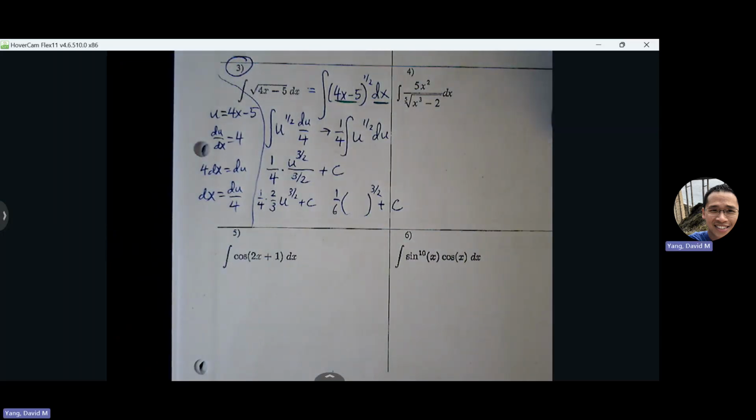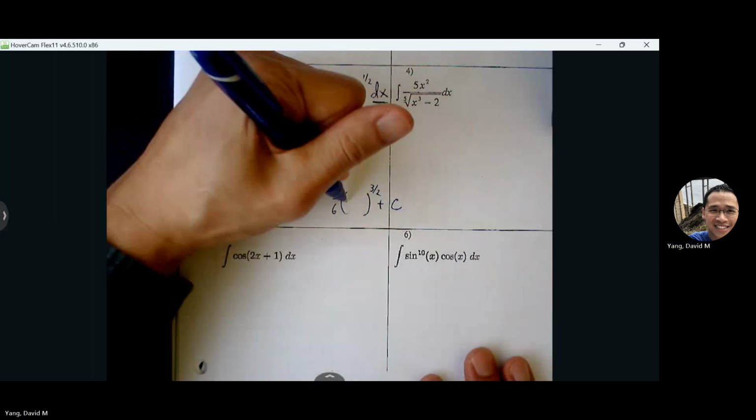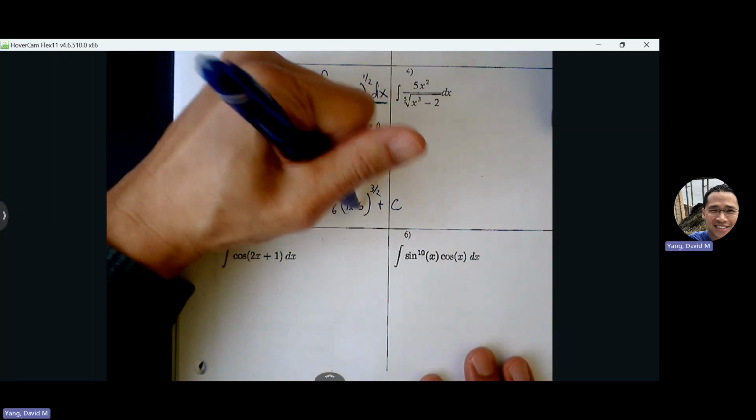Okay, clean up your coefficient, bring back your x variable, and then include that plus c.